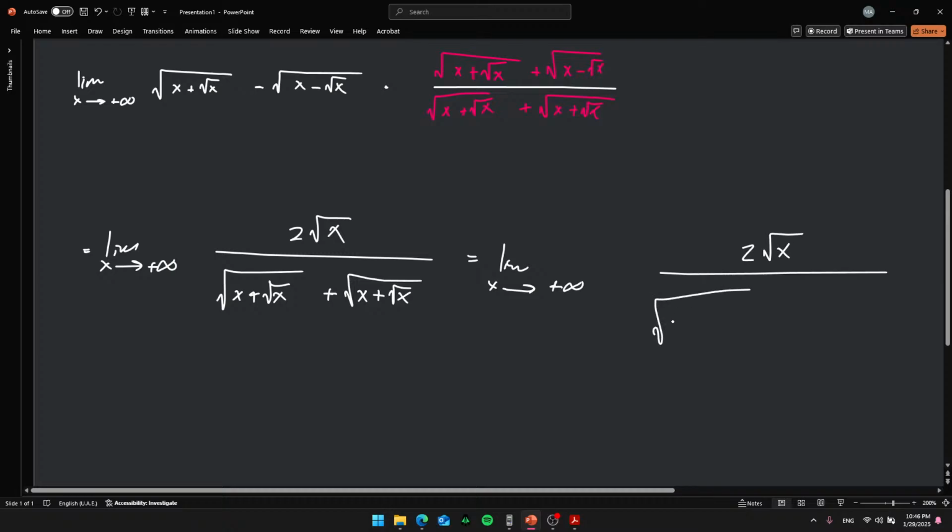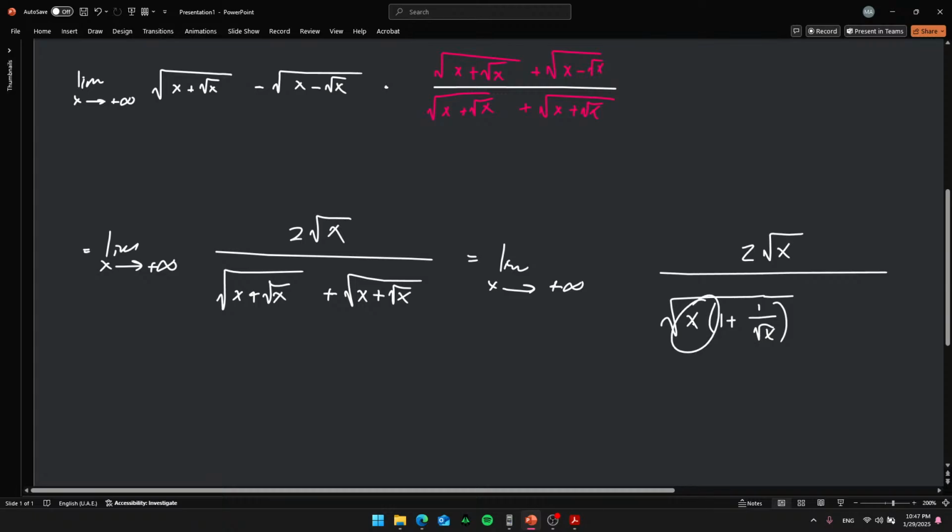Limit as x approaches to positive infinity. He took x as a common factor. So 1 plus, no, it's 1 over root x.